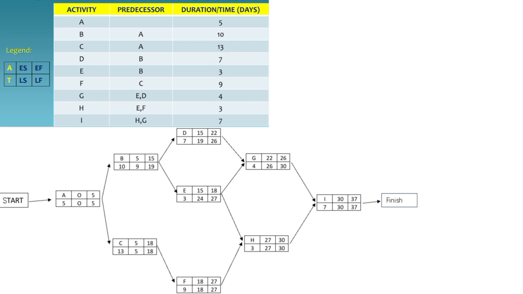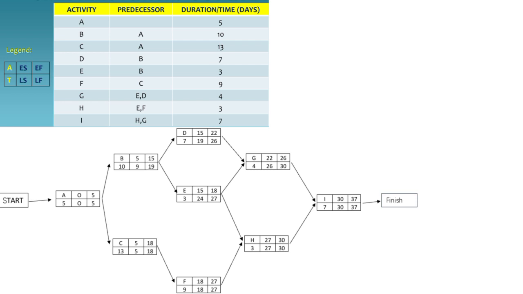The early finish for activity G is calculated by adding its duration to its early start, giving us EF equals ES plus duration, equivalent of 22 plus 4 equals 26. Activity H. Activity H depends on both activities E and F, so its early start is the maximum of early finishes of activities E and F, which are 18 and 27, respectively.